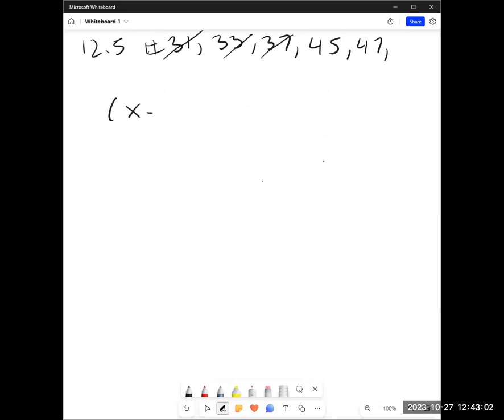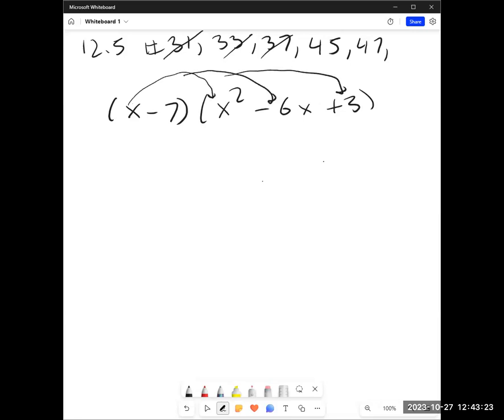Now, we don't always have a binomial times a binomial, so FOIL isn't always going to work. We are going to have to use our multiple distribution technique. Now, there's a way that students learned here that they called a rainbow or something like that, where they take this, multiply it to all of these things, then take this one and multiply it to all of these things.